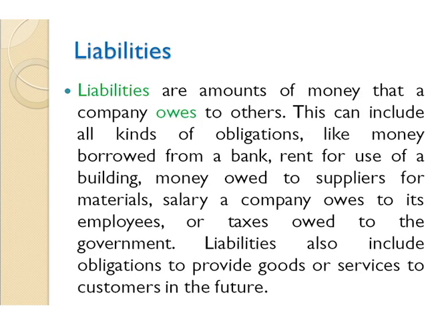Liabilities are amounts of money that a company owes to others. This can include all kinds of obligations like money borrowed from a bank, rent for use of a building, money owed to suppliers for materials, salary a company owes to its employees, or taxes owed to the government. Liabilities also include obligations to provide goods or services to customers in future.